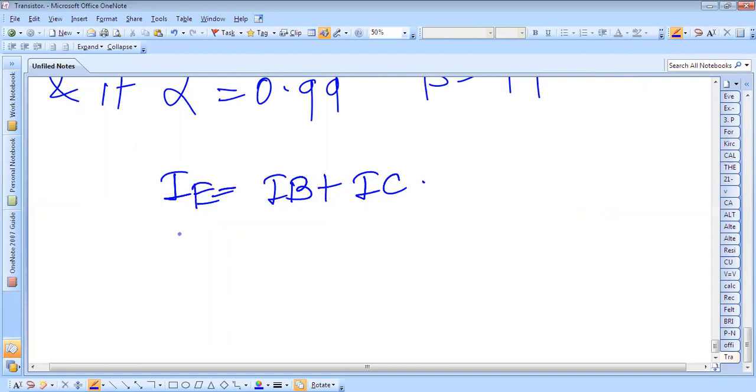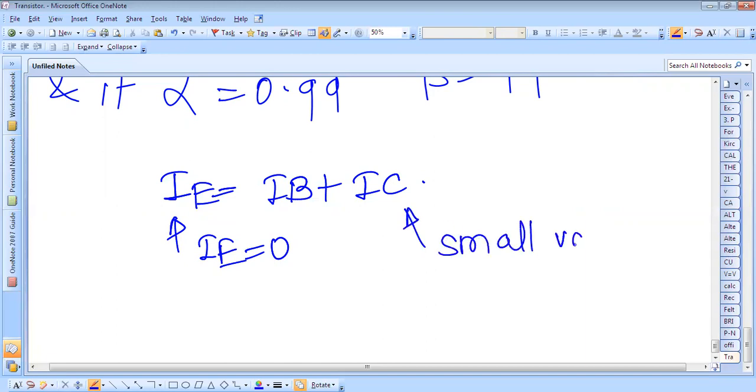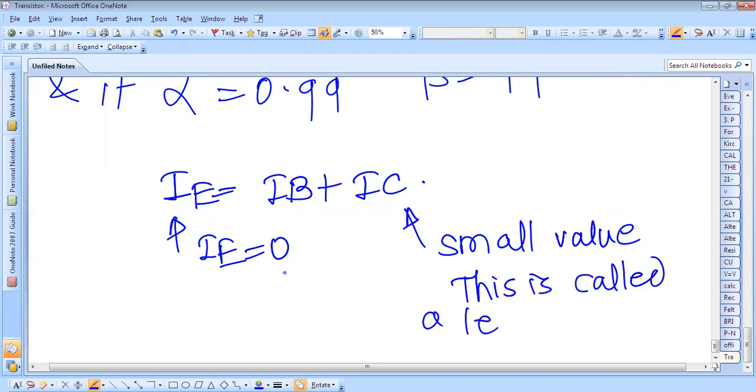Now suppose when this emitter current is 0, we find that there is still a small value of the collector current, and this is called a leakage current. Even with zero emitter current, there is a small value of the collector current, and this is called the leakage current.